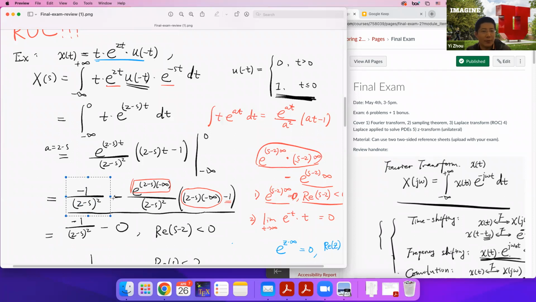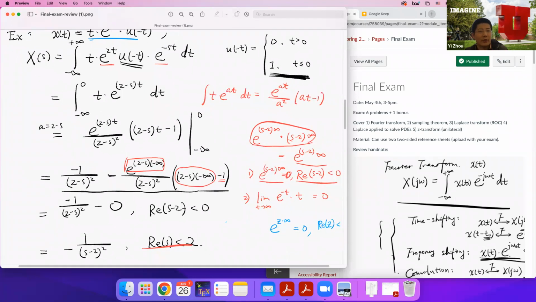Then we need to subtract the term evaluated at t equals negative infinity. You plug t equals negative infinity into this term, and this is what you get. We can see that there are many terms whose values are not determined, and this is where we need to discuss the region of convergence.